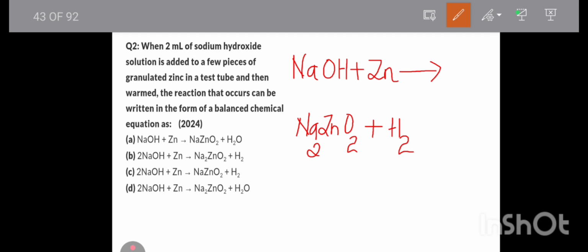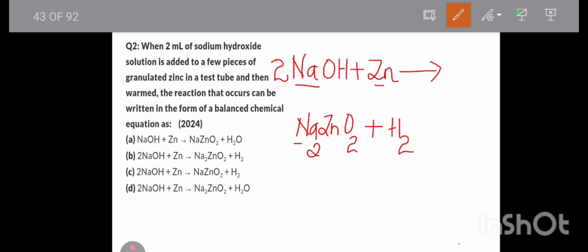So now what we have to do? You have to balance this equation, right? As seen here, you have one sodium atom, and here you have two sodium atoms. So in order to make it 2, you will be putting 2 at the front. So what you will get? 2 NaOH. So 2 sodium, 2 oxygen, 2 hydrogen and 1 zinc.